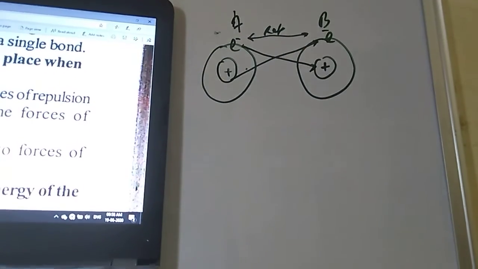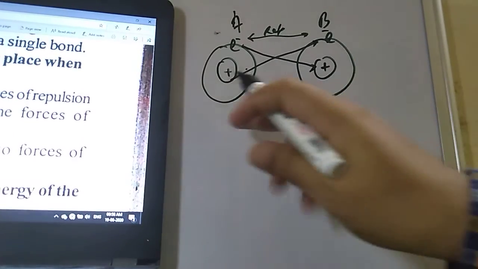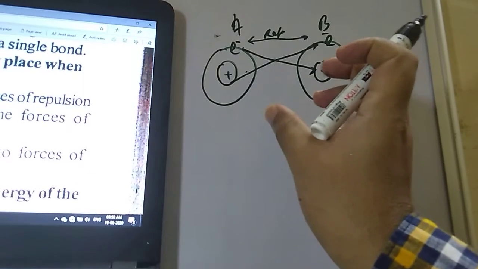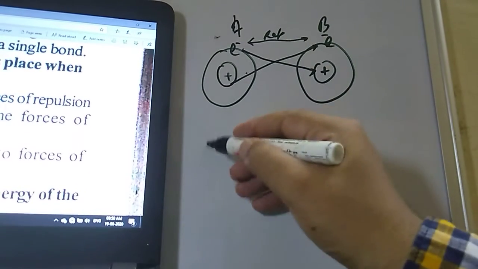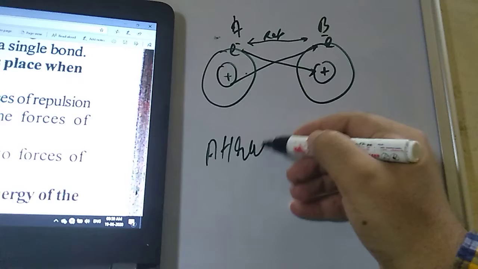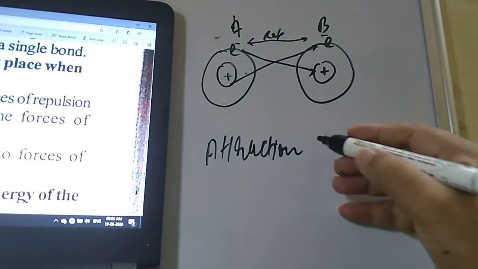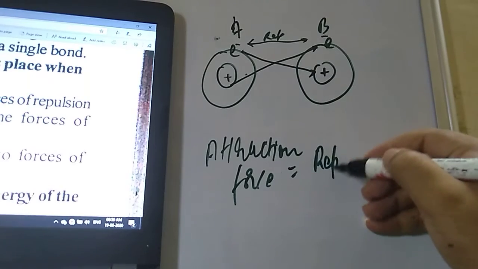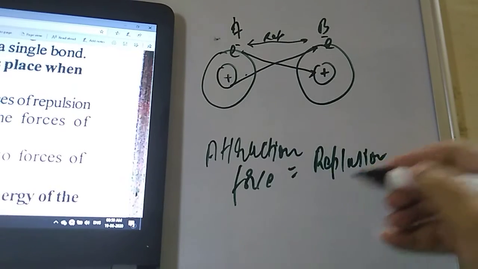So when the chemical bond forms, firstly the atoms are far away from each other, so there is no attraction. When they come closer, when the bond formation takes place, the attraction force becomes equal to the repulsion force. Okay, repulsion force.